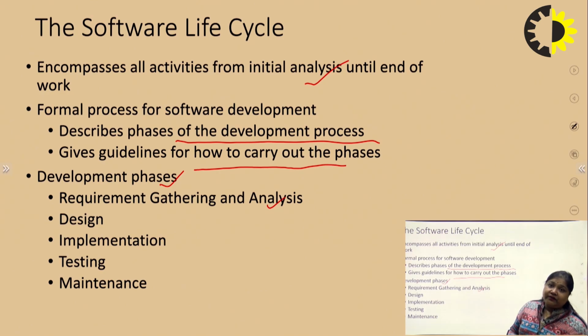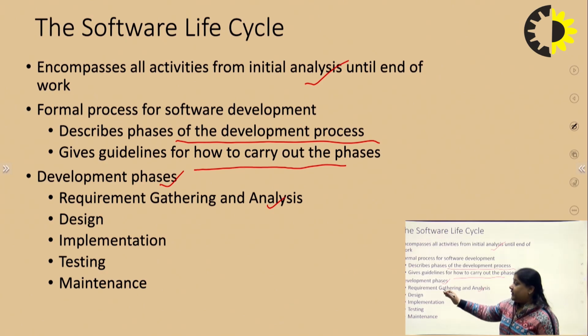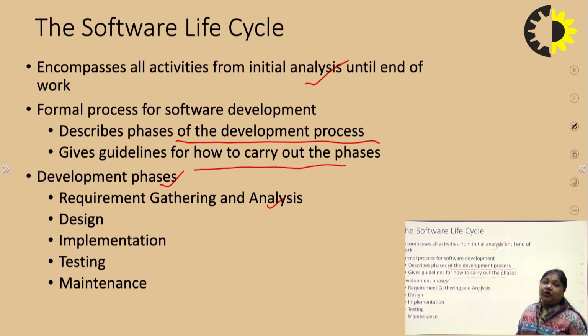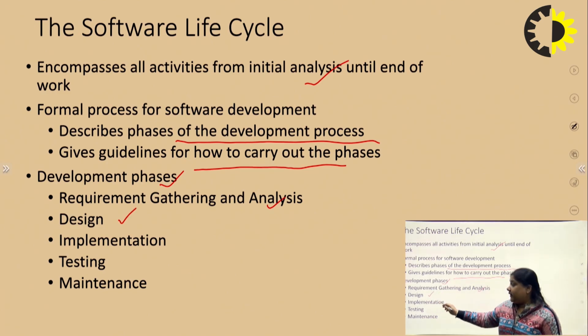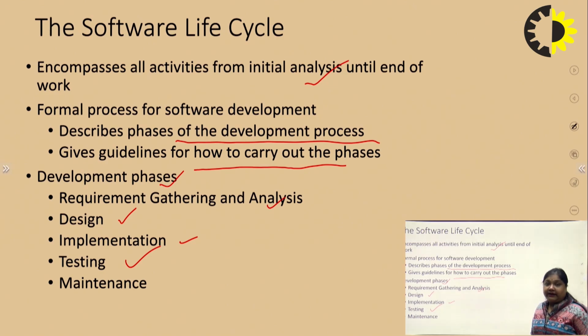Then comes requirement gathering, where all the requirements are gathered from different resources, data is collected and analysis is done on that data. The next part is the design part, then the implementation or coding part, then testing on all the components, and then the maintenance part.